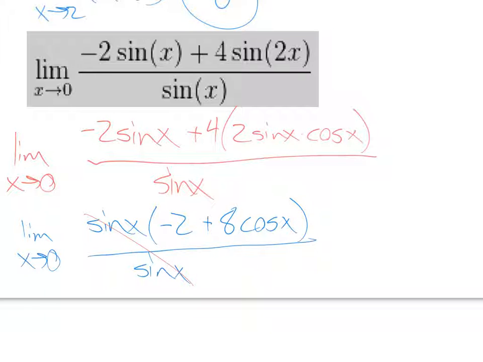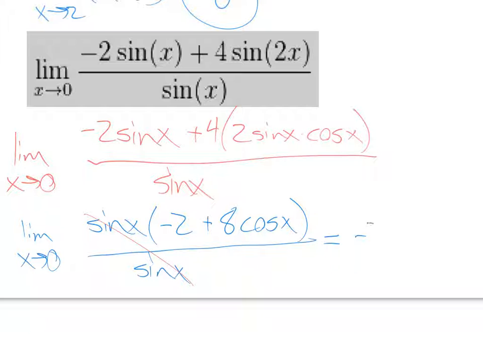Alright? Now, is negative 2 plus 8 cosine of x continuous around x equals 0? Cosine's always continuous. And the negative 2 just shifts it 2 units, and 8 just stretches it, so it's still going to be continuous. Alright, so we can just plug in 0.